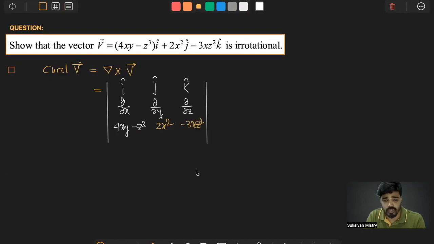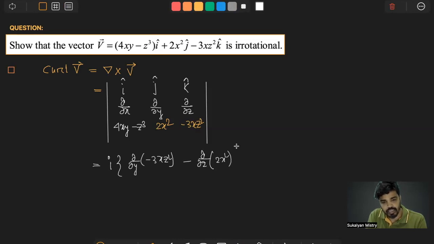So that equals i times, just expand, ∂/∂y of minus 3xz² minus ∂/∂z of 2x².